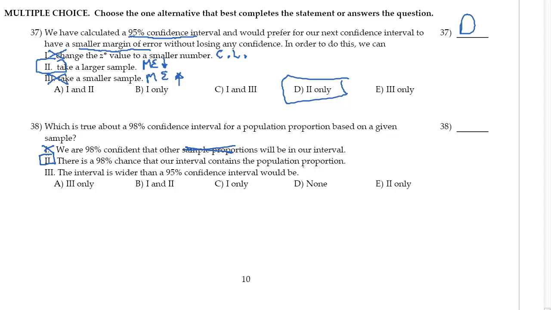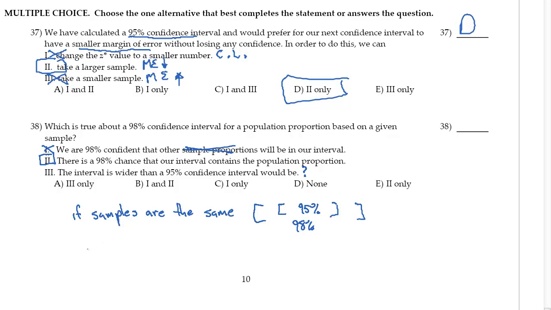Now, this one gives me a little bit of pause, 3, right? Because if the samples are the same, to be more confident requires a wider interval. So this would be my 98% confidence interval, and of course my 95% confidence interval is going to be thinner than that.